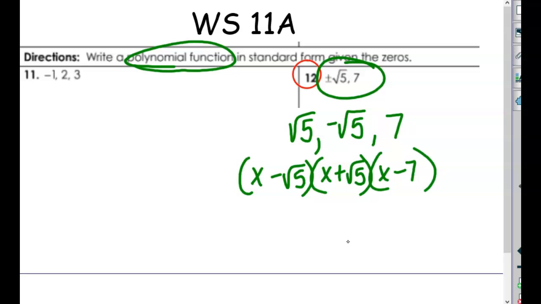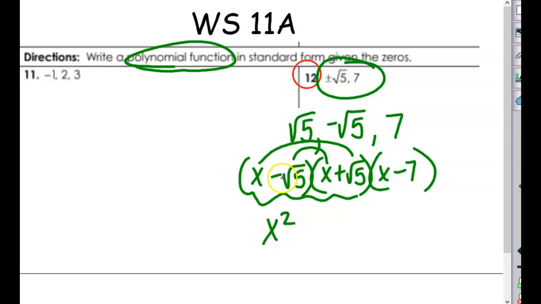Did you find it? All right. If I said you had to have rational integer coefficients, we need to FOIL those two together. x times x is x squared. This is going to be a negative 5 square roots of x. That one's going to be a positive 5 square roots of x.